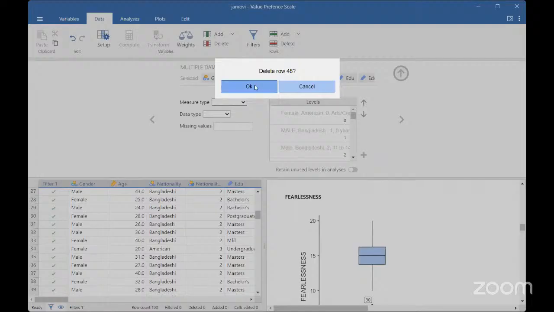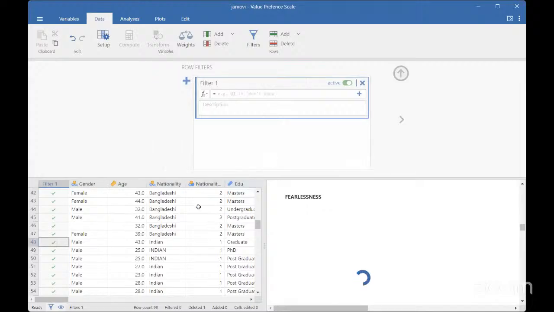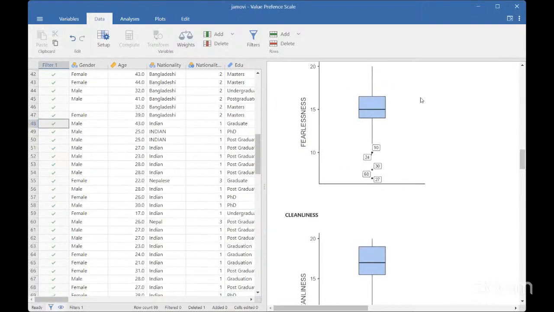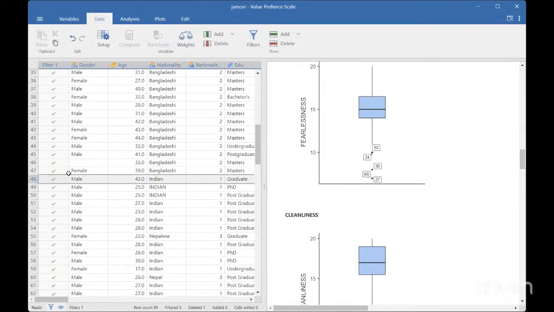Okay. So now you will find some marks in row. Okay. You go to the 48. No, now this is not that individual because this individual is male.